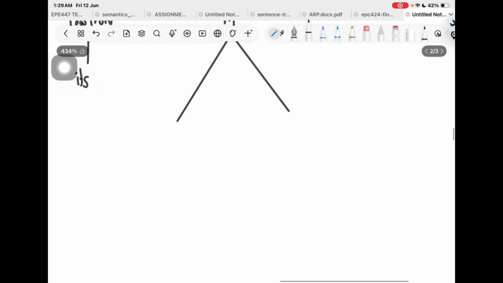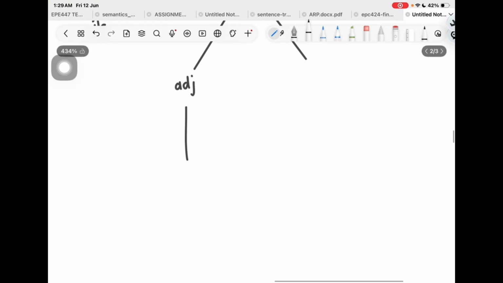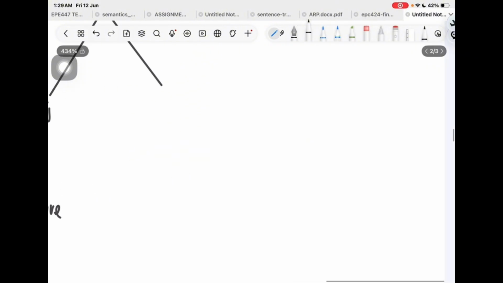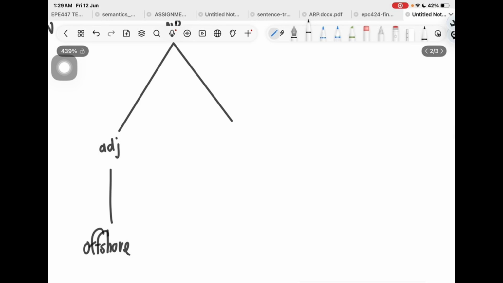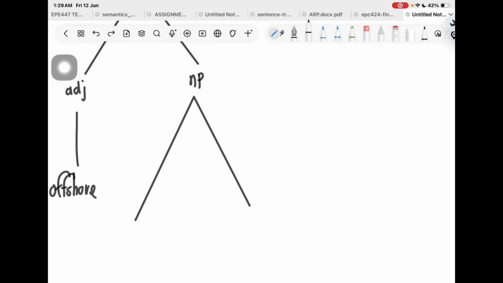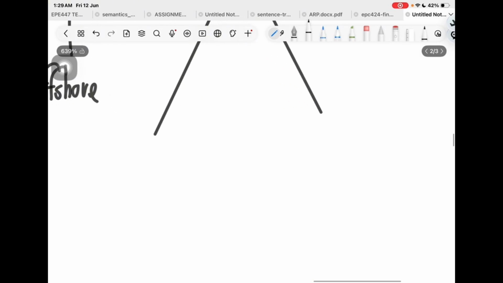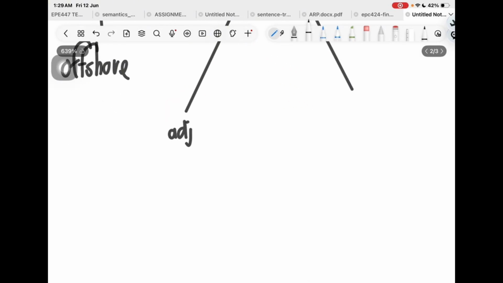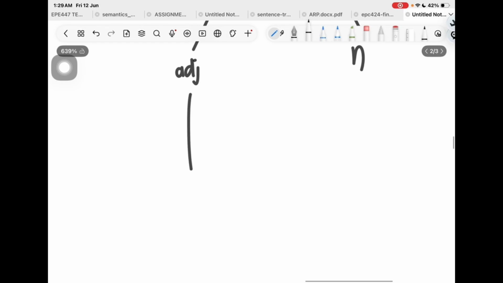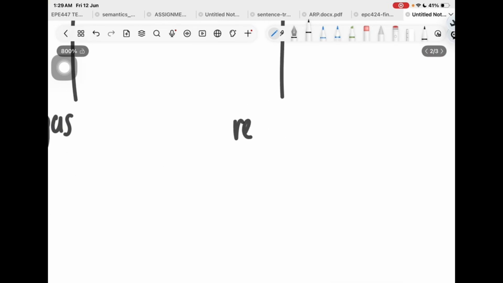The first one is adjective, offshore. And then right here we're going to have noun phrase again, and two more branches, which is here it's going to be adjective, and right here it's going to be noun. The first adjective is gas, and the word reserve.